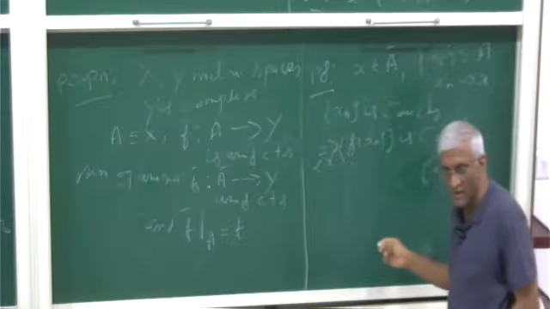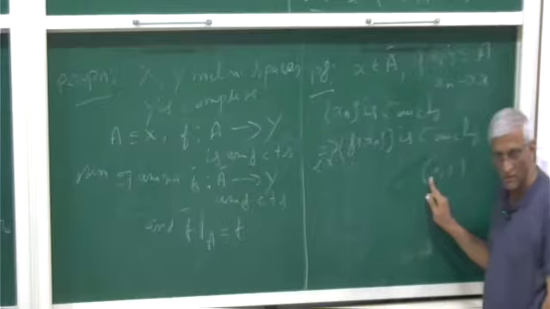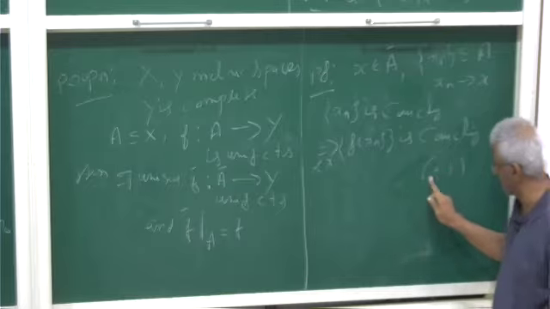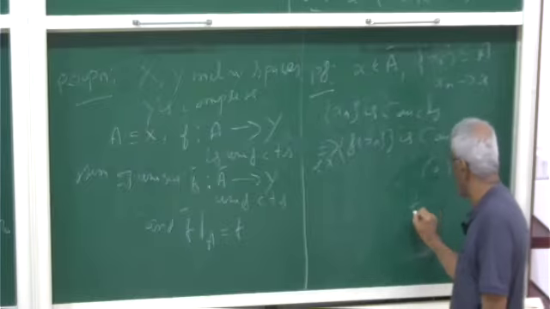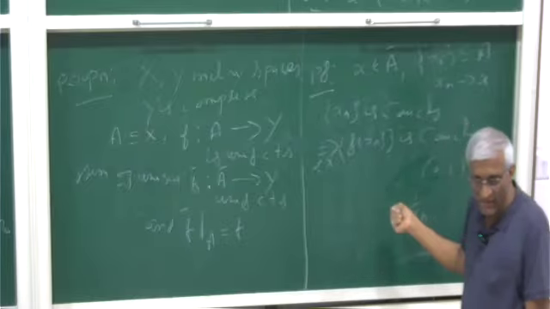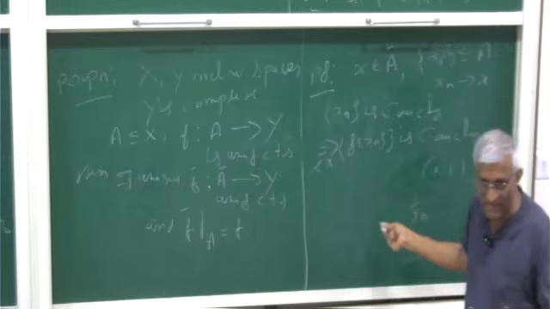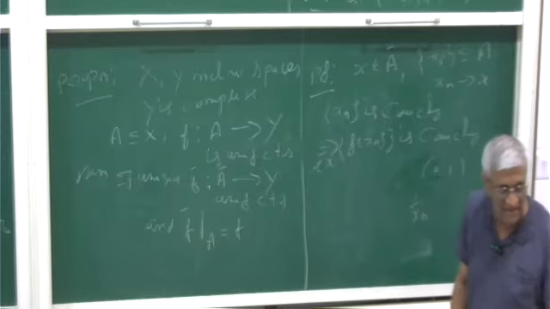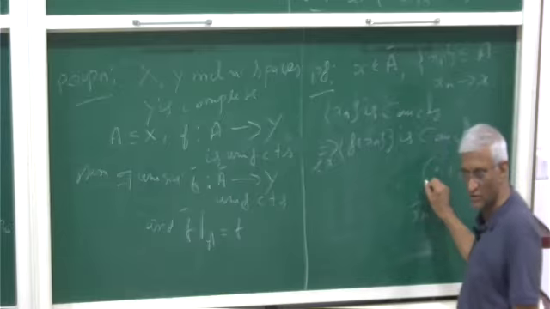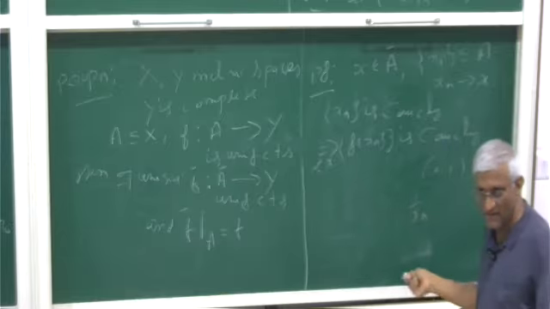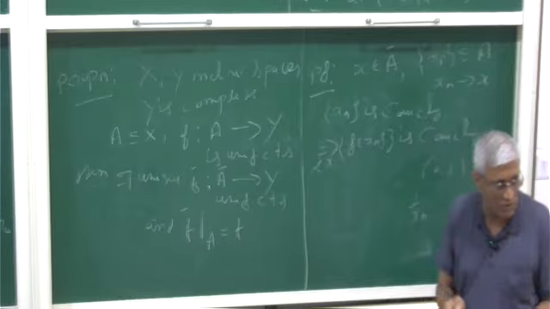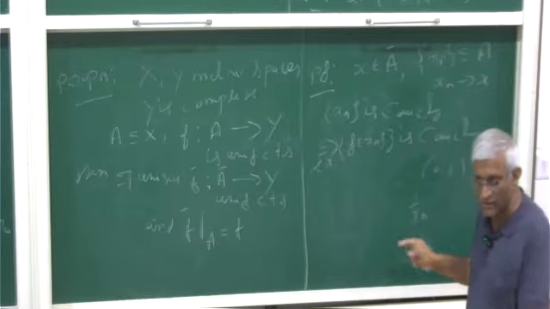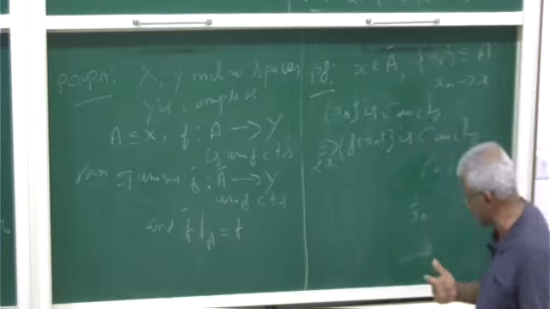Some sequence can go to 0, but 1 by xn, which is a continuous function, will not converge. So it will not be a Cauchy sequence. xn can go to 0, which is a Cauchy sequence, but 1 by xn will not be Cauchy.